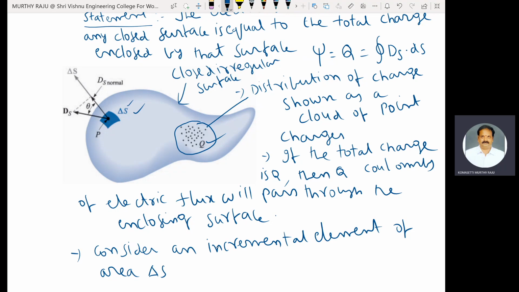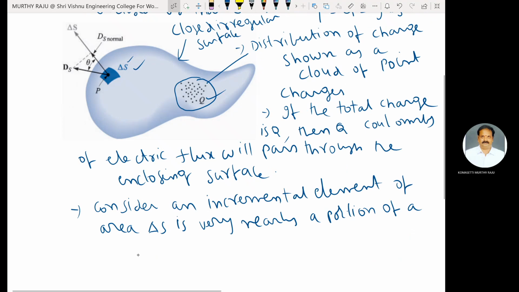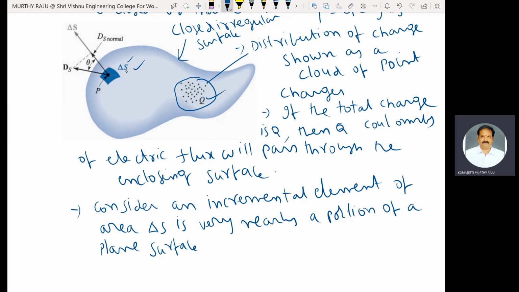The incremental area delta S is very nearly a portion of a plane surface. Delta S is an incremental element of area, very nearly a portion of a plane surface.